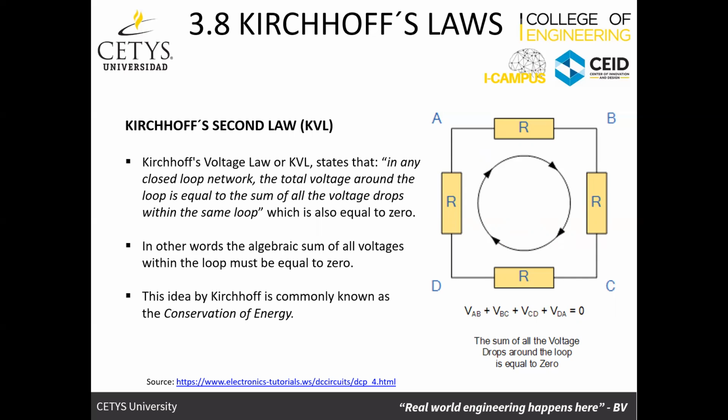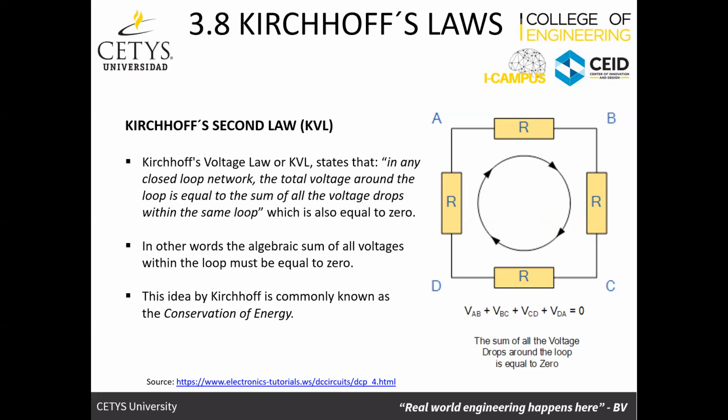The second law is going to have to do with voltage. So what's happening here is that in Kirchhoff's second law, the sum of the voltages along the loop has to be equal to 0.